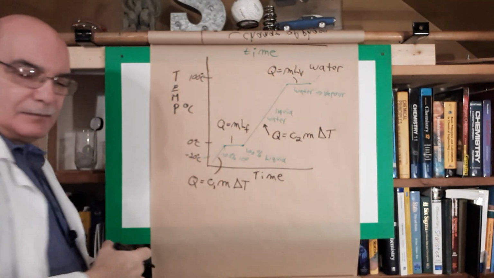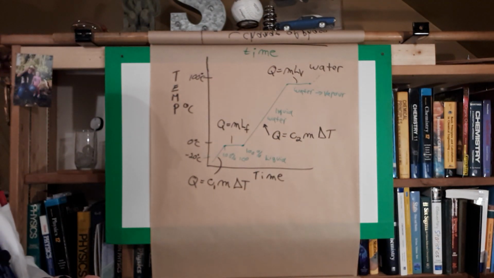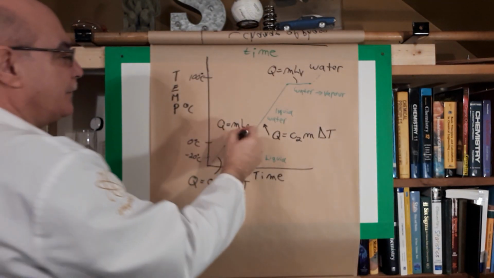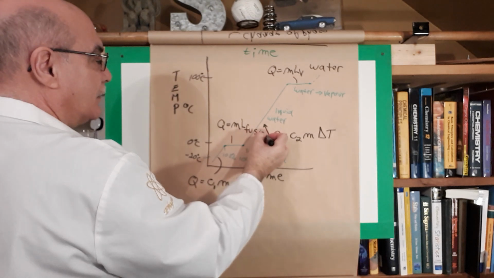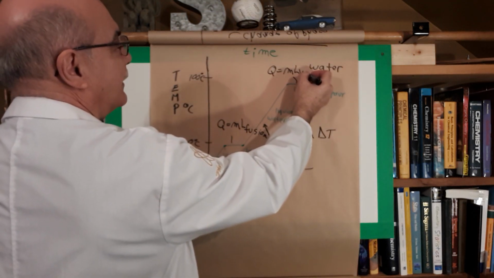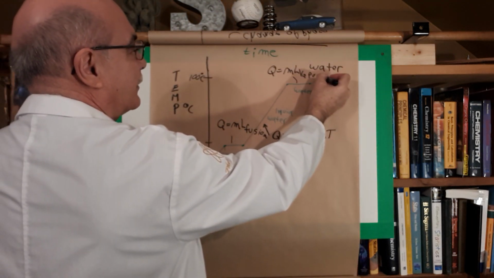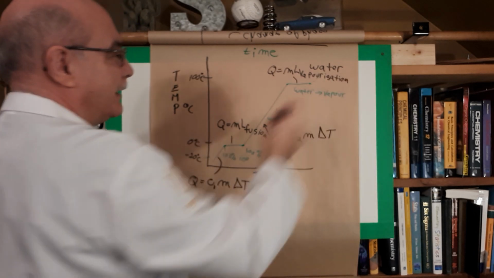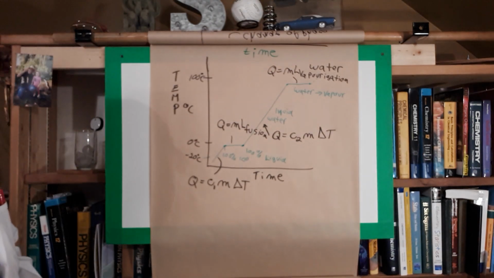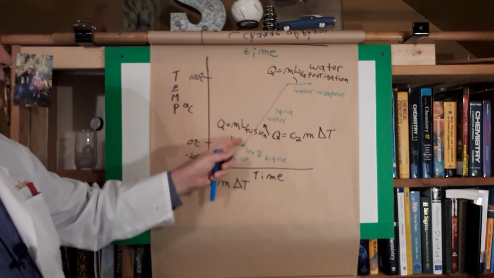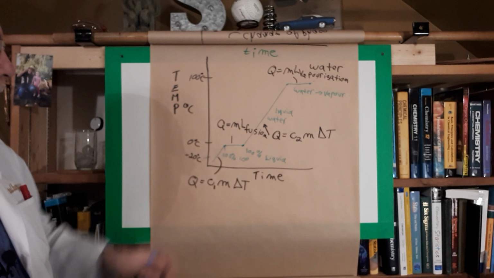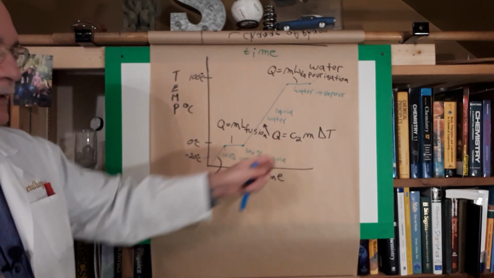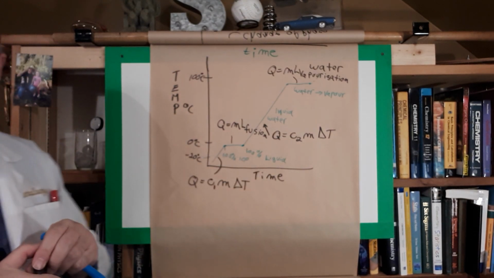V represents the latent heat of vaporization. So this is fusion, F-U-S-I-O-N, and vaporization. And this is the Canadian way of spelling vaporization. Latent heat of vaporization, latent heat of fusion. Okay. And these values of C, now they come from a chart.